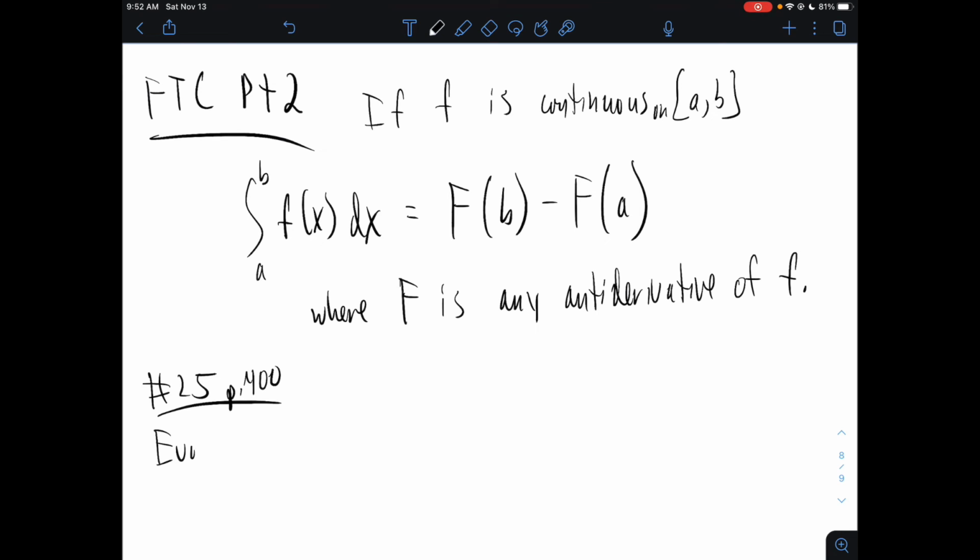Evaluate the integral from, oh, sorry, that's positive pi over 6, positive pi over 6 to pi of the function sine theta d theta. So we want to find the area under the sine curve over this interval from pi over 6 to pi.